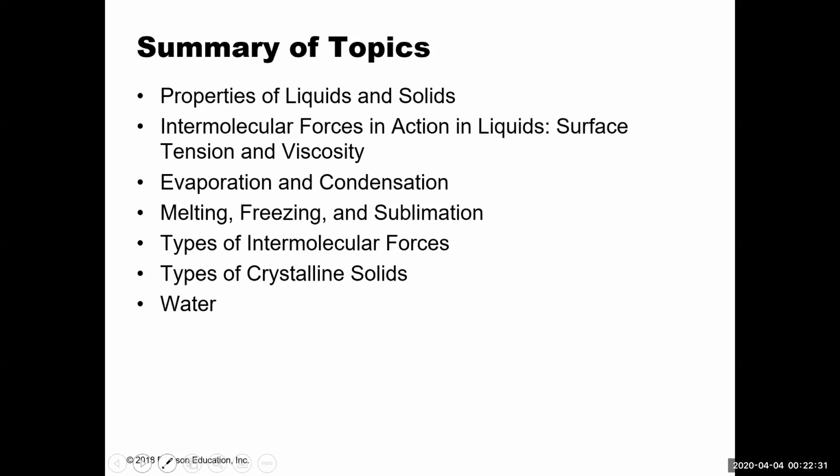We also looked at the different types of intermolecular forces and the different types of crystalline solids, and we looked at water and why it has so many significant properties. That's due to the intermolecular forces that are present in water.